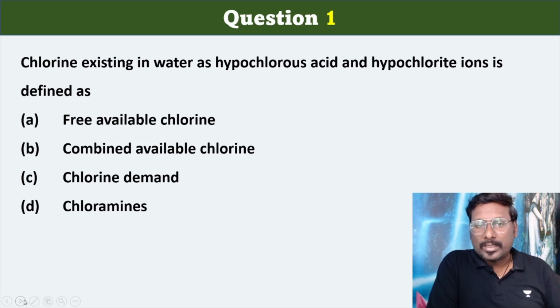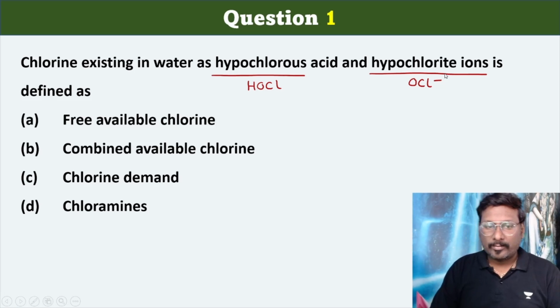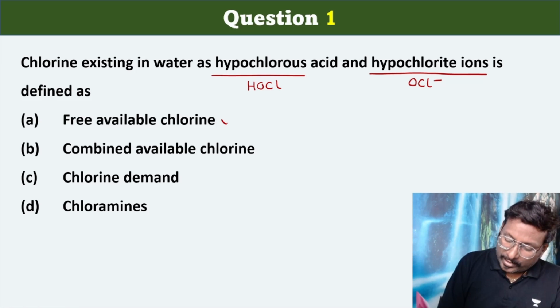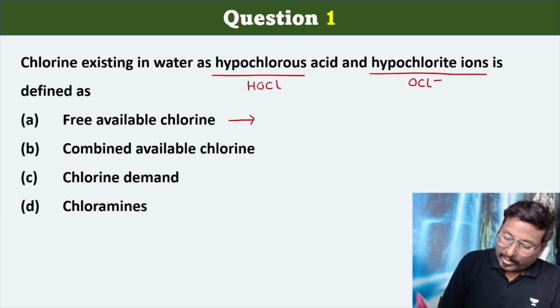So moving forward to questions. Chlorine existing in water as hypochlorous acid, HOCl, and hypochlorite ion, OCl minus, are defined as freely available chlorine. So while writing the chlorination heading itself in our notes, very clearly we have written freely available chlorine is HOCl and OCl minus.